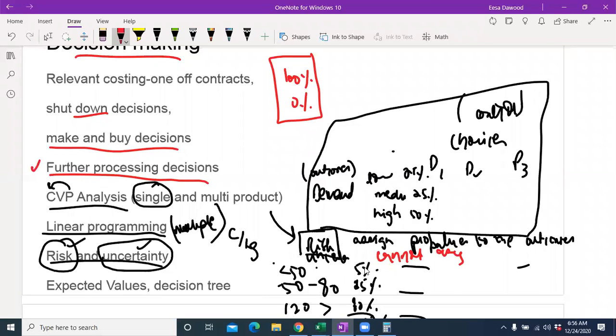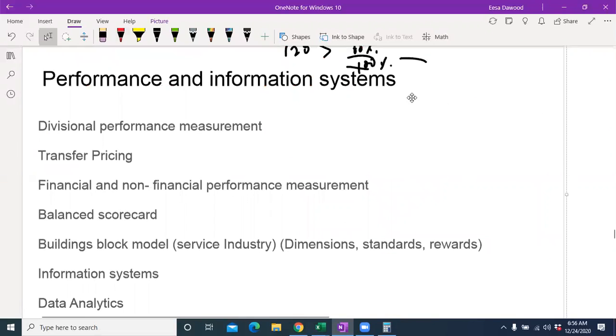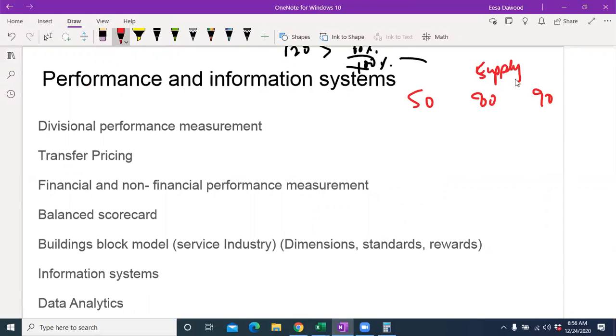So uncertainty is where you cannot assign a probability, but risk is where you can. For example, if I already own a canteen and I want to decide whether the supply should be 50, 80 or 90, the supply of sandwiches or the items I keep in my canteen, it's a recurring event.